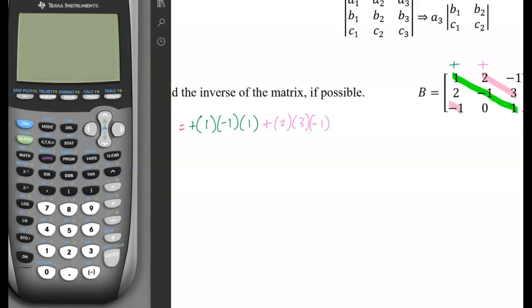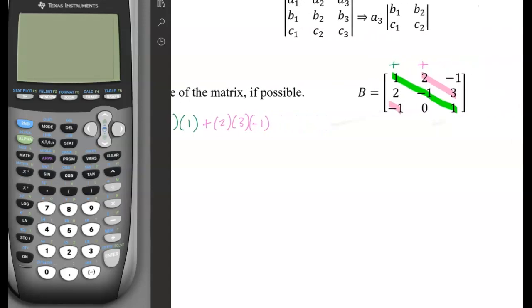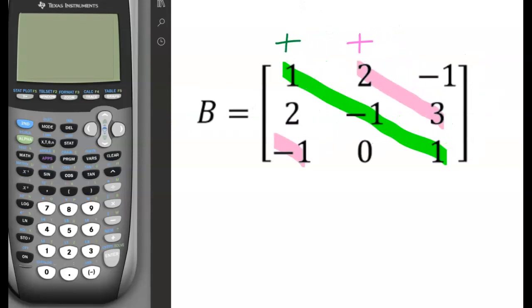And then I find my third and final forward-facing diagonal. Now, I only have one number here. I need to continue back to the front like I did on the previous diagonal. So this diagonal includes -1, 2, and 0.